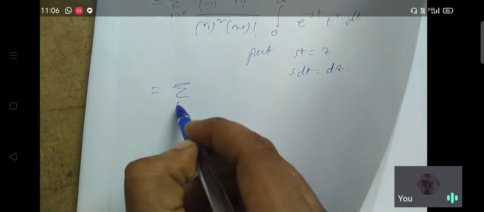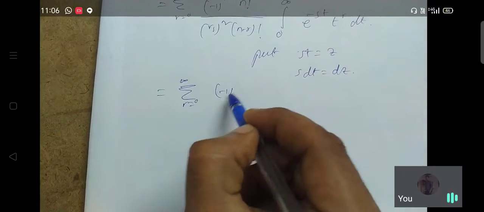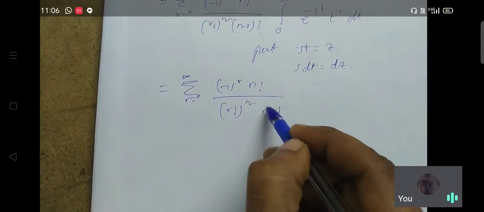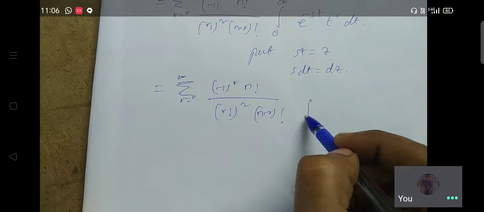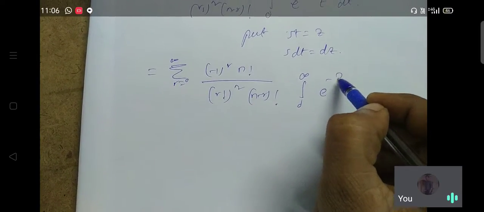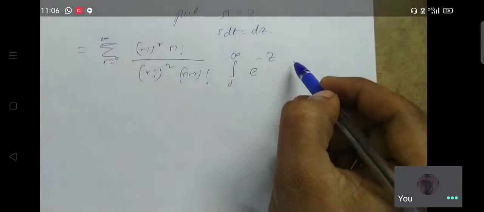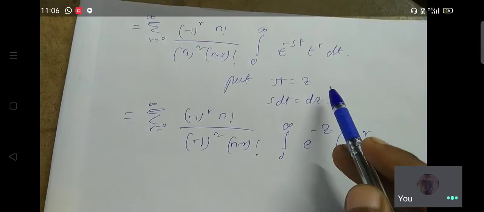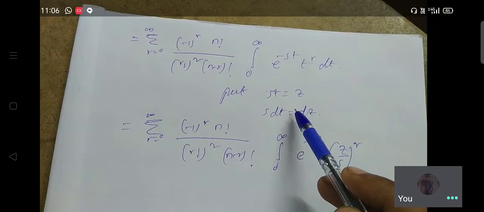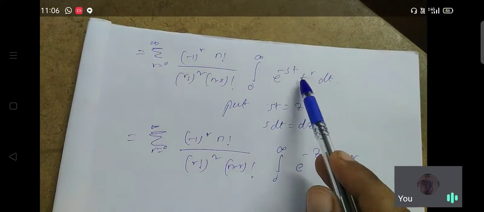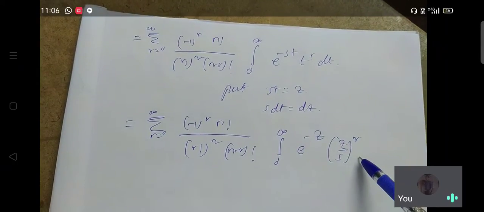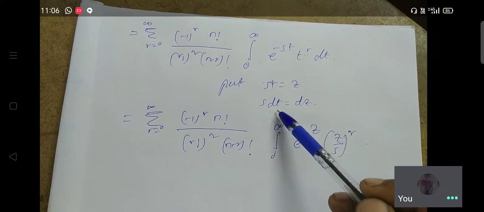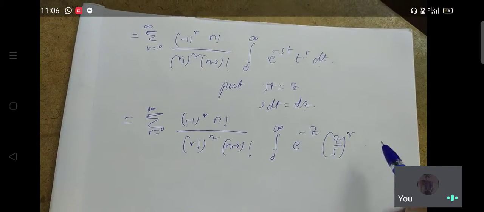Therefore the summation r equal to 0 to n of (-1)^r n! divided by (r!)^2 (n - r)! times the integral from 0 to infinity of e^(-z) (z/s)^r. Here t means z by s, so t^r means (z/s)^r, and dt means dz divided by s.